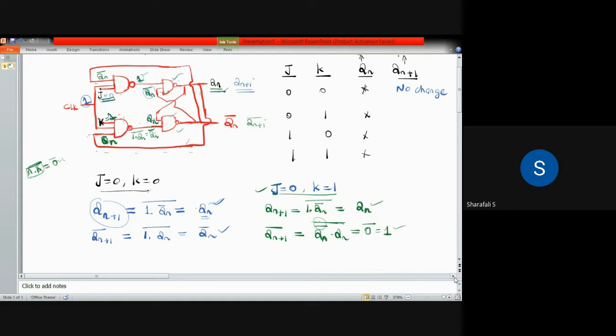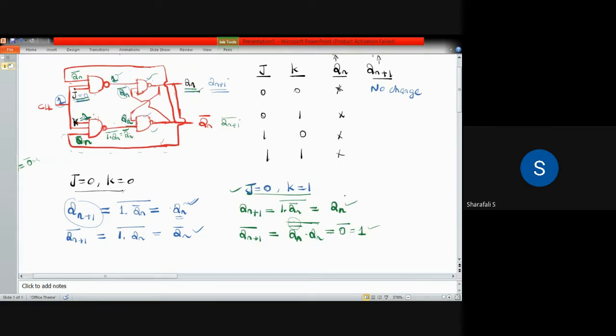So here I can say this as Qn, and here we have Qn plus 1. Qn plus 1 bar is 1, so Qn plus 1 will be equal to 0. This should be equal to 0, because Qn plus 1 bar is 1, as you can see from here. Qn you do not know, but Qn plus 1 bar is 1, so Qn plus 1 equal to 0, because it is the complement.